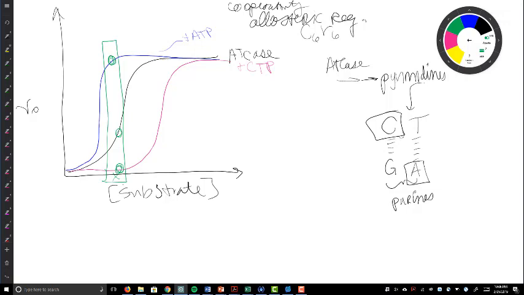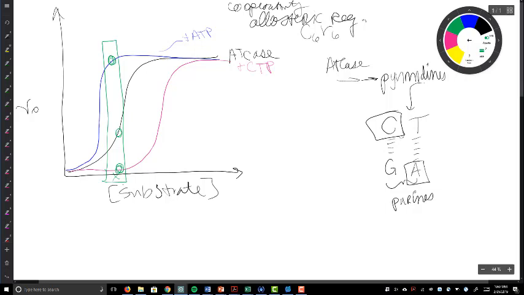So assuming that the substrate concentration in the cell is going to stay relatively constant, because the processes within the cell work to maintain a relatively stable concentration of substrates, then depending on the Km of the enzyme, the velocity that we see could change. So let's say this is the cellular concentration of substrate.